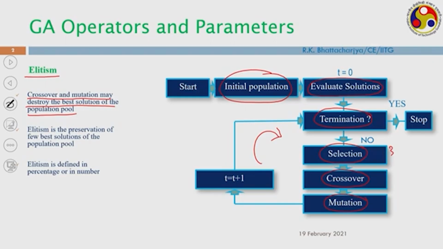I want some of the better solutions not to go through crossover and mutation, but to go directly to the next generation, so that we can preserve them, and that process is known as elitism. So I have defined here what elitism is: elitism is the preservation of the best solution of the population pool.